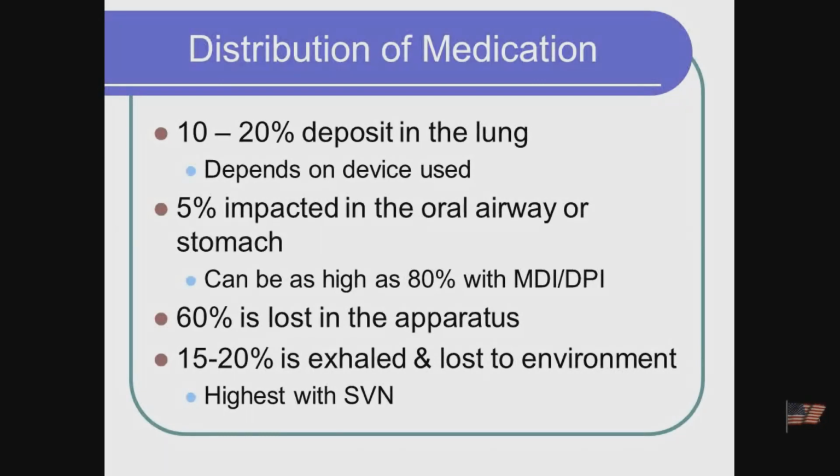So it's a trade-off. Do I want my respiratory therapist to do a treatment for 10 minutes, or for 2 minutes? If I do it for 2 minutes, I can do a whole lot more treatments, and the bottom line is you may actually save money in the long run.